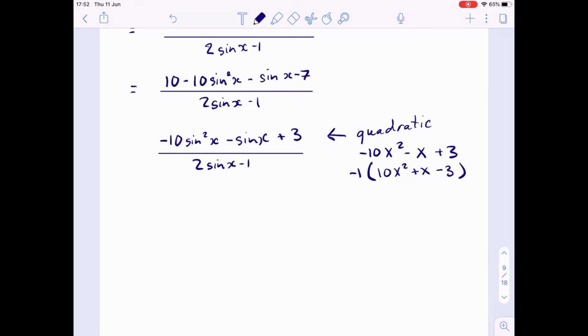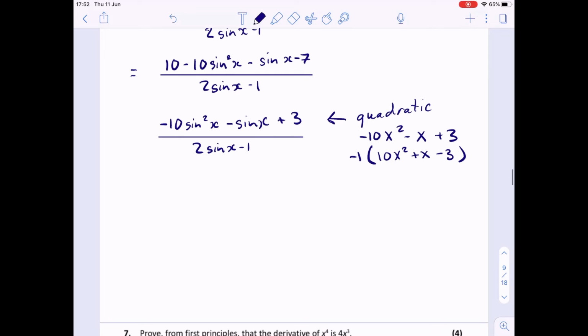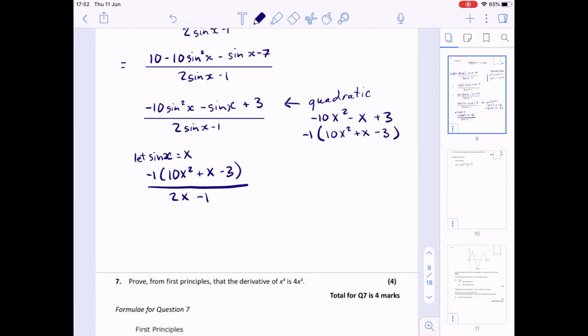Just because it's then easier to factorize. Okay, so let's think of sine x as capital X. Oops, let's make it lowercase x. And so this top will become minus 1 times 10x squared plus x minus 3. And the denominator is going to be 2x minus 1. I'm just going to add another page because I think I'll probably need it.